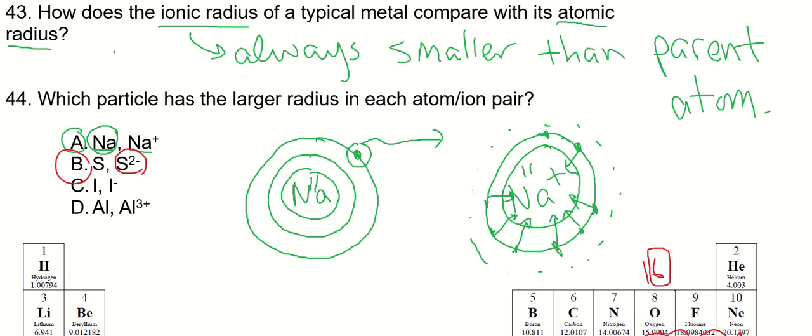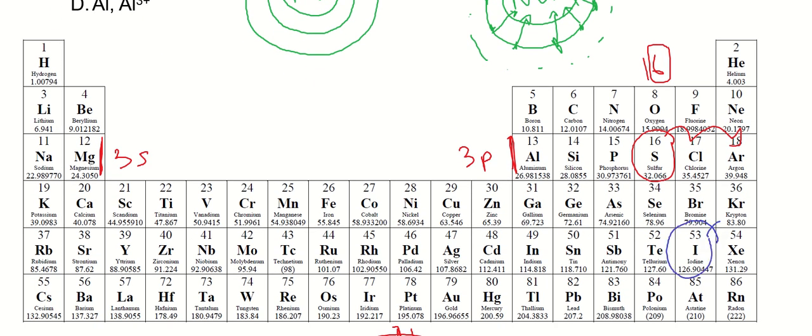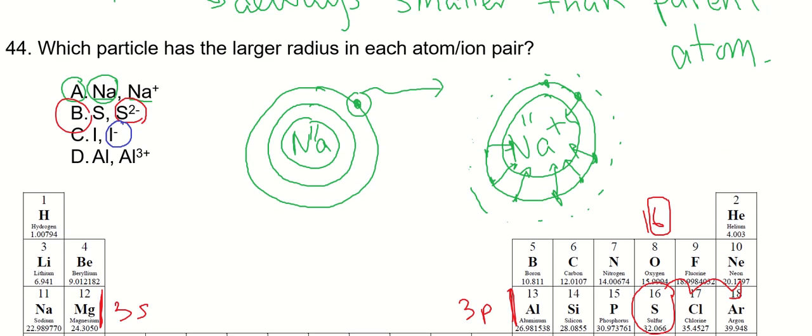Same reason. Pick a different color. The iodide ion just gained electrons. Iodide is a halogen, it's right over here. It gains one more electron and becomes isoelectronic with a noble gas, so it's going to be bigger. And then aluminum is a metal. You just know that from general knowledge.